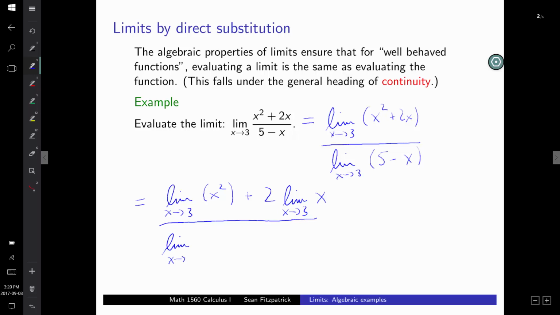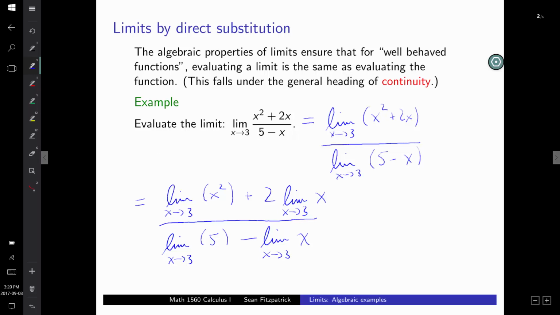The limit as x goes to 3 of 5 minus the limit as x goes to 3 of x. And remember that the limit of x, as x approaches any value, you just plug that value in. So the limit as x approaches 3 of x is simply 3.